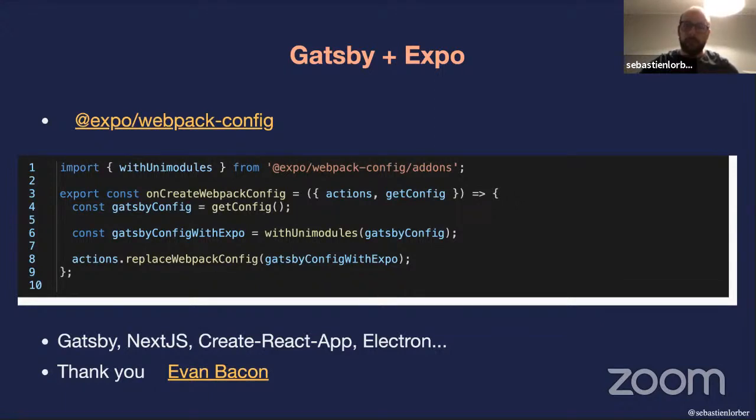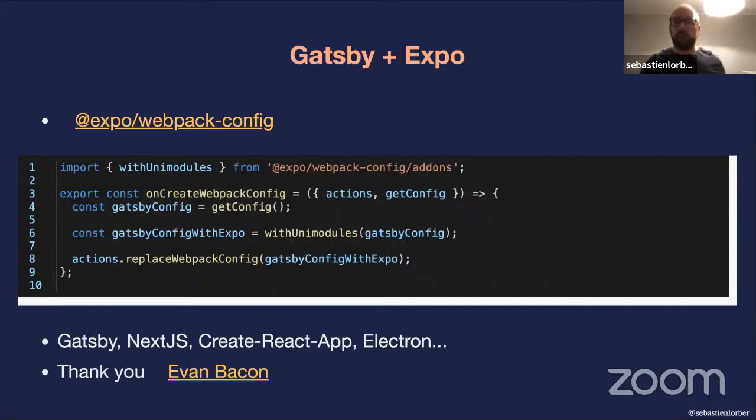You take your original Webpack config, and there is a method that permits you to wrap it so that it automatically adds the Expo support, so that you can use React Native Web and Expo modules in your web app. This is pretty easy to set up right now. And Expo does the heavy Webpack work for you, so that most of the React Native ecosystem libraries that support the web are able to work.